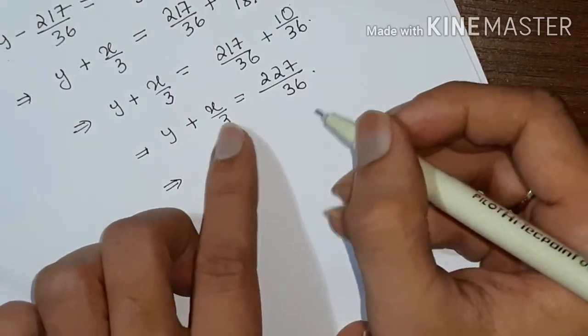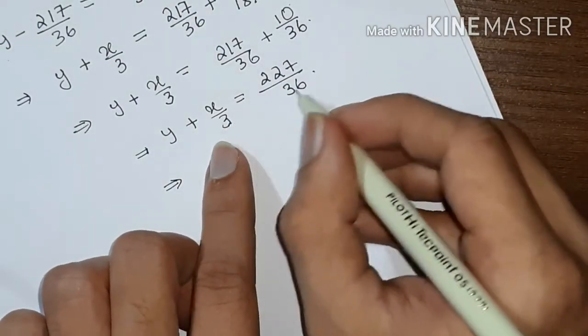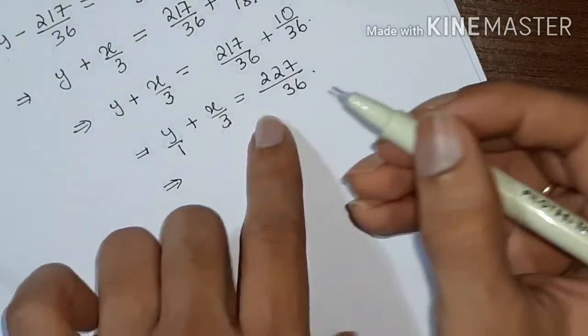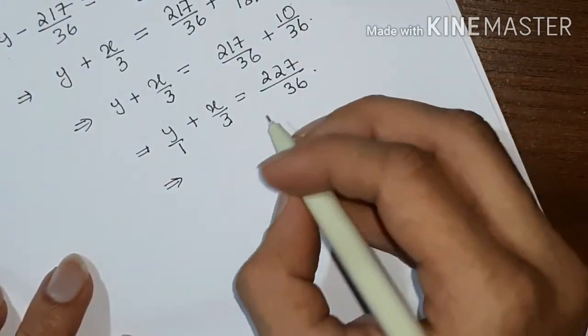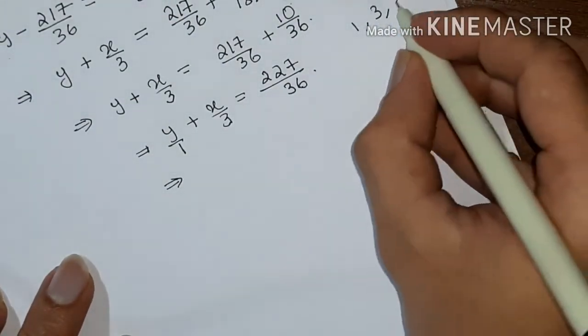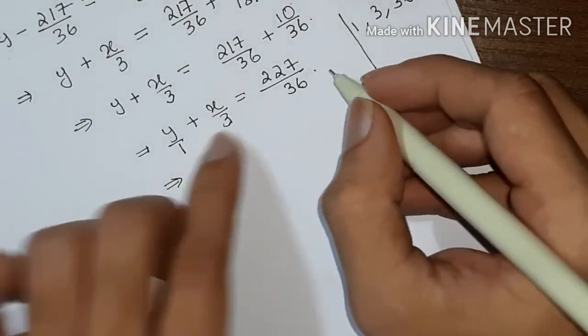Okay, so now see, I have to take the LCM of all these 3 denominators. So that is 1, 3 and 36. The LCM will be 36.